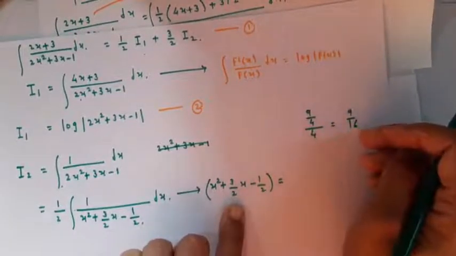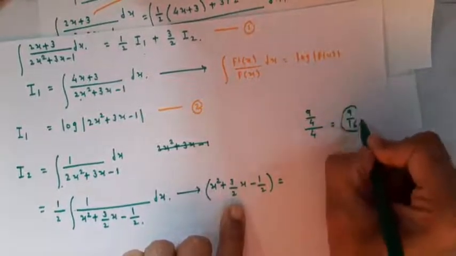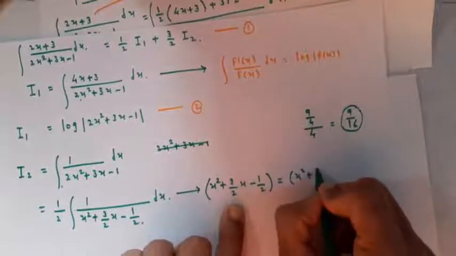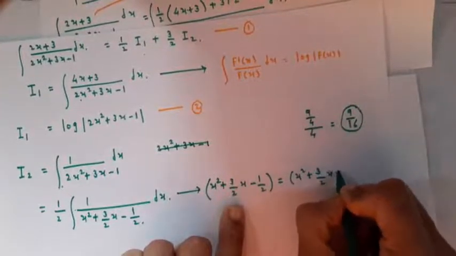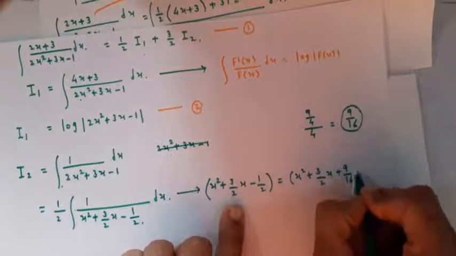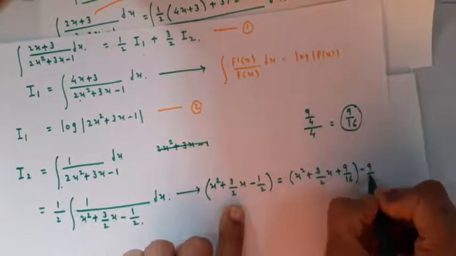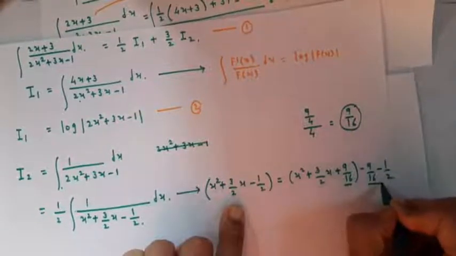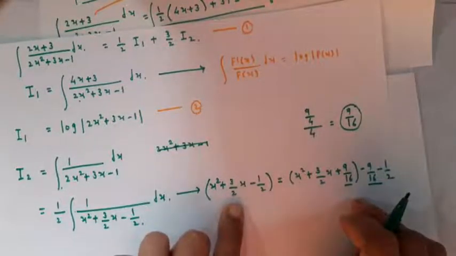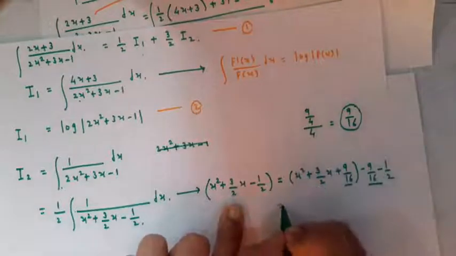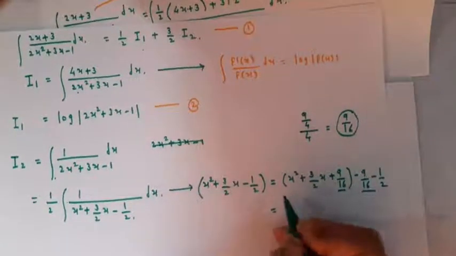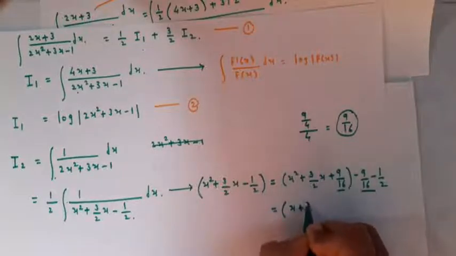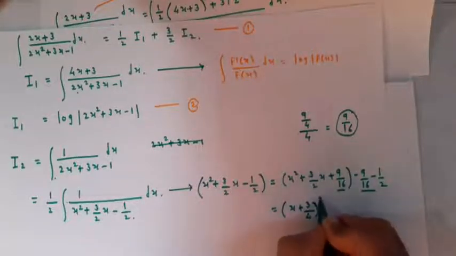That means we have to adjust the term 9/16 here, and therefore x square plus 3/2x plus 9/16 minus 9/16 minus 1/2. Okay students, and this is the perfect square, x plus 3 by 4 whole square.